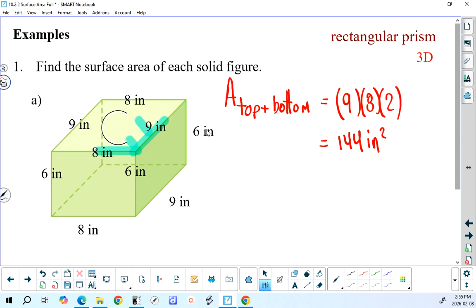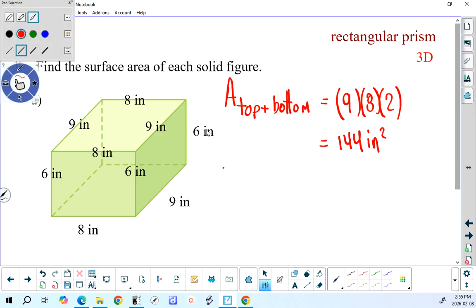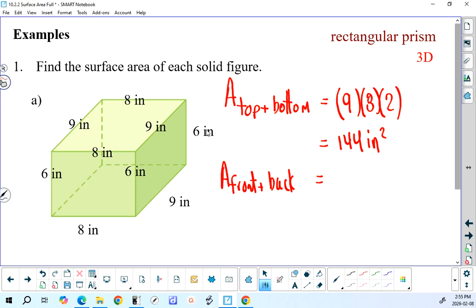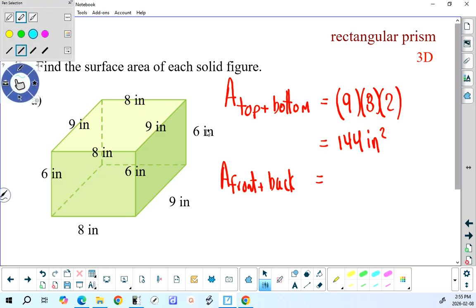Let's find now the area of the front. You can do these in any particular order. The area of the front and the back will be equal to, so again, I'm just going to highlight the front so you know what I'm talking about.